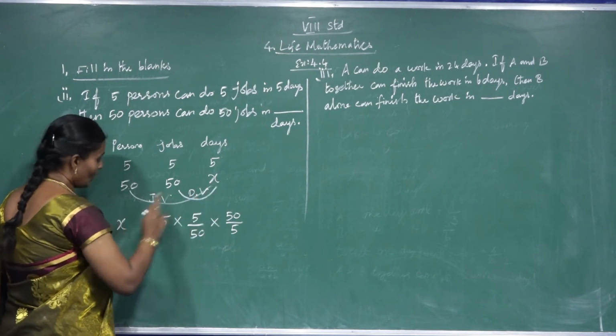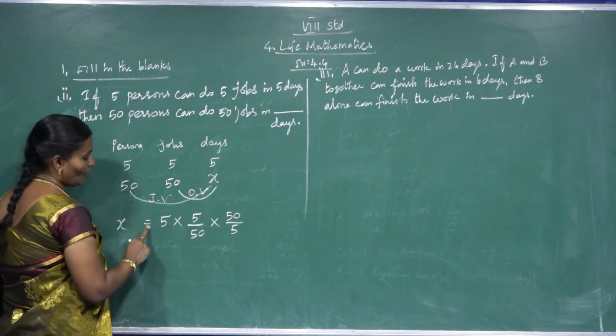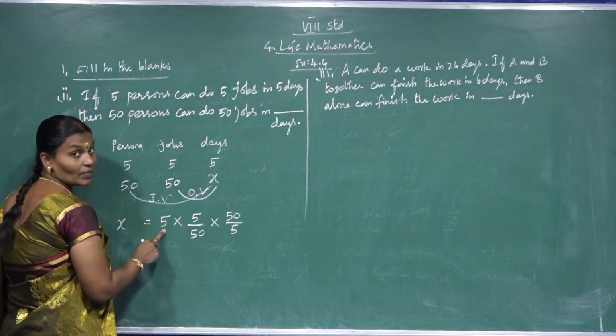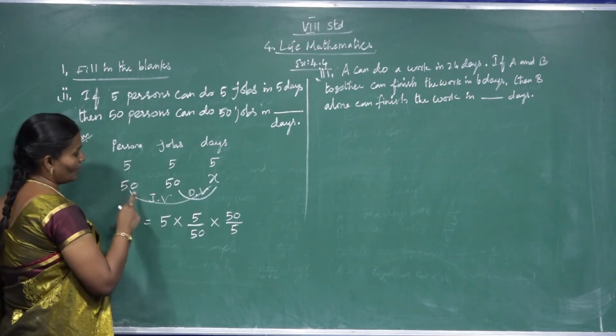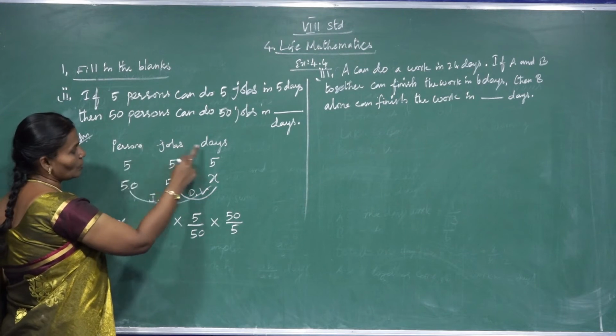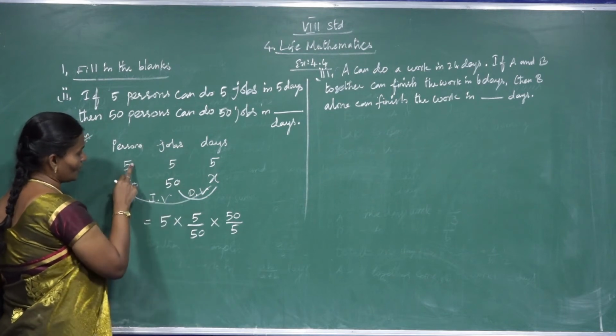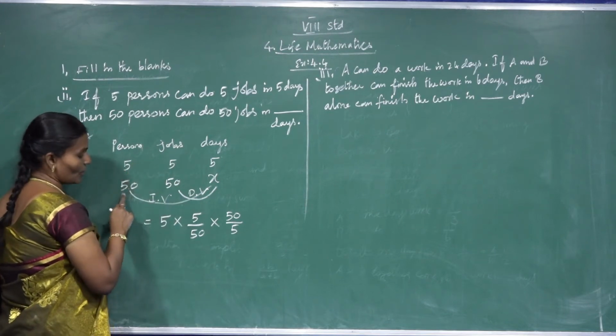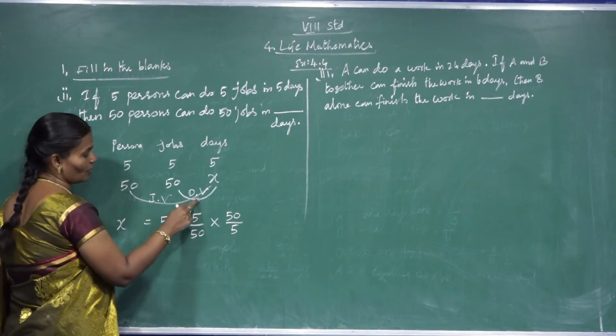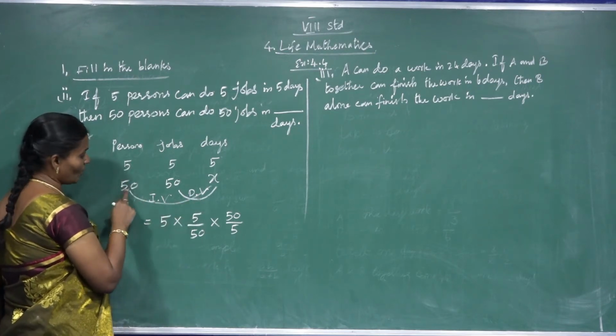So you write x equals 5 multiplied by persons to days. Here persons, first one is 5 and second one is 50. Inverse variation means first one in numerator, second one in denominator.